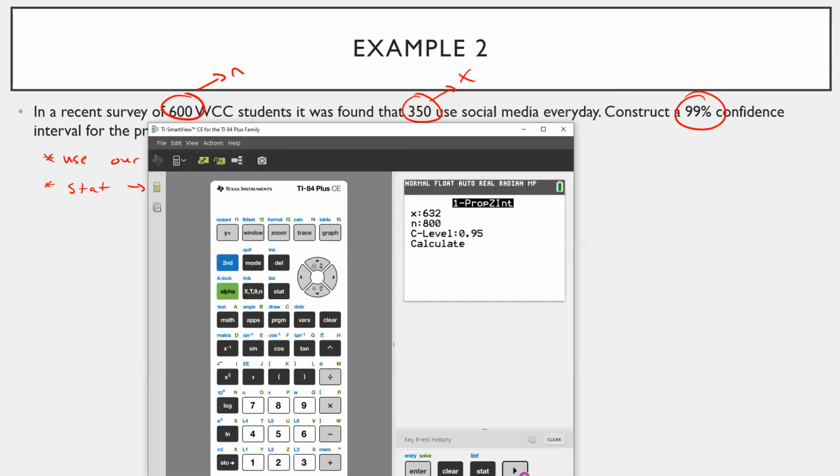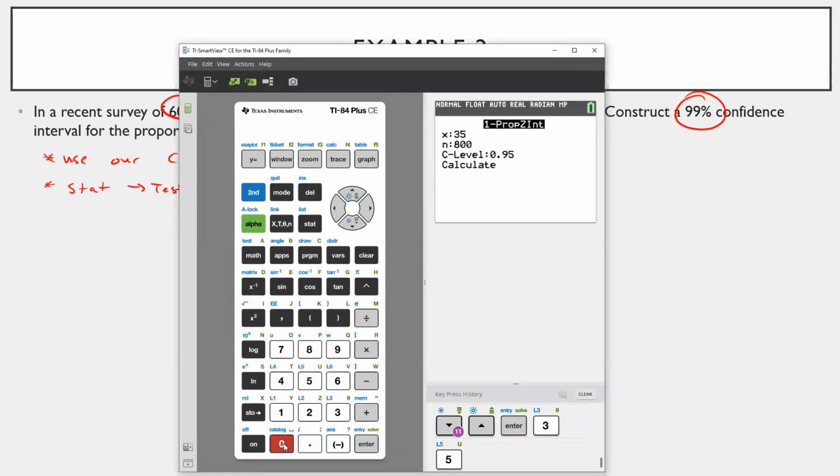So it was found that 350, there were 600 students. And then do I have to change the confidence interval here? Do I have to change the C level here to anything? Yep. Awesome. Thank you, Jamie. You just have to change it to 0.99 because I asked for a 99% confidence interval.